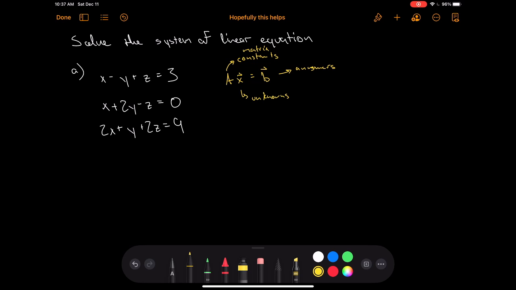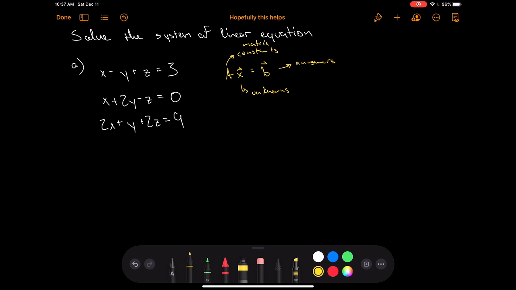So to write this into matrix form, because we have three equations and three unknowns, this would be a 3 by 3 matrix. So our A is going to equal 1, 1, 2, negative 1, 2, 1, and 1, negative 1, 2.